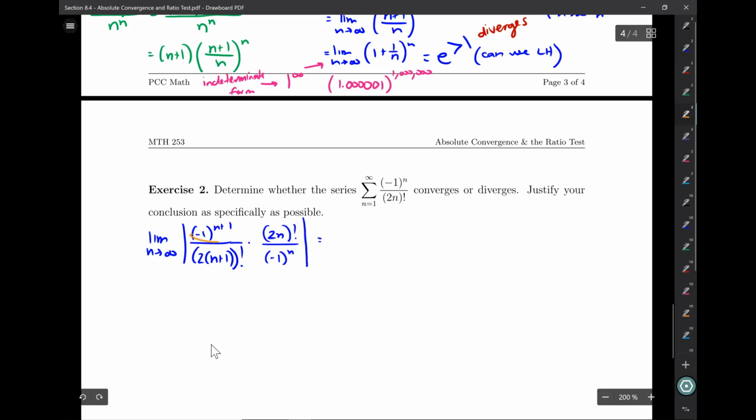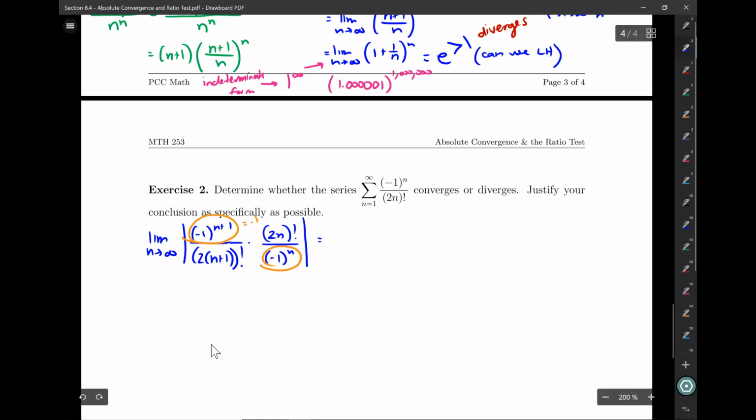Again, these two pieces here are the alternating factors, and so we can go ahead and simplify those. This does simplify to negative 1, doesn't it? Because you have negative 1 to the n plus 1 divided by negative 1 to the n. That will always result in a value of negative 1.